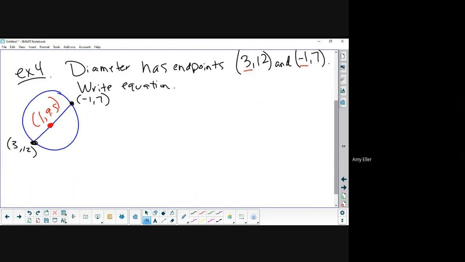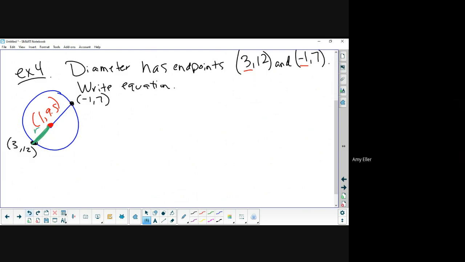Sure does. It has 2. This is a radius. You guys know vocabulary. That's a radius. This is also a radius. There's 2 to pick from. Would you guys rather deal with the numbers (3, 12) or (-1, 7)? (3, 12). So let's say that we want to find this. Call it R.